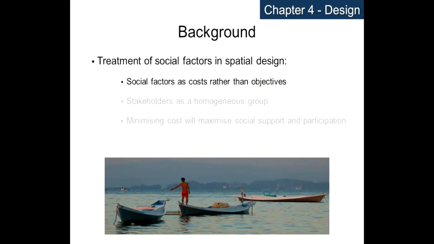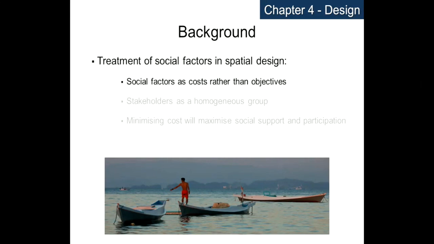So, as I said earlier, social factors tend to be considered as costs. And as we've seen in the previous chapters, there's a diversity of costs and benefits that people can receive from protected areas. So this cost approach has tended to be applied in planning using an algorithm called MarxAn. But recently, another algorithm called MarZone has been developed, which allows planning based simultaneously on biological and social goals.